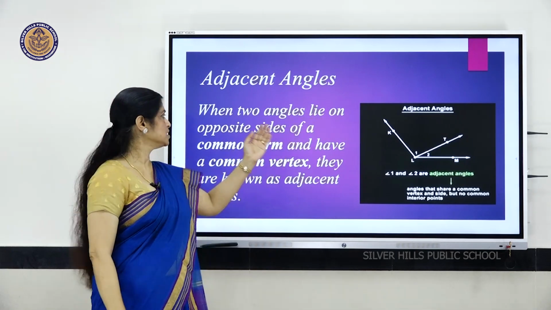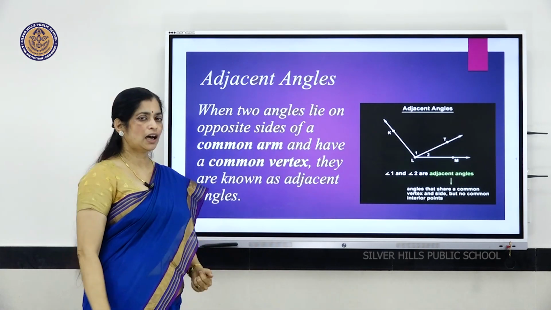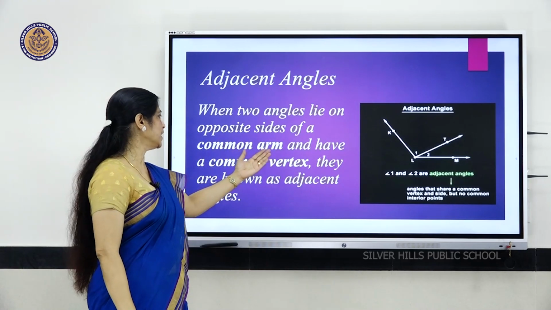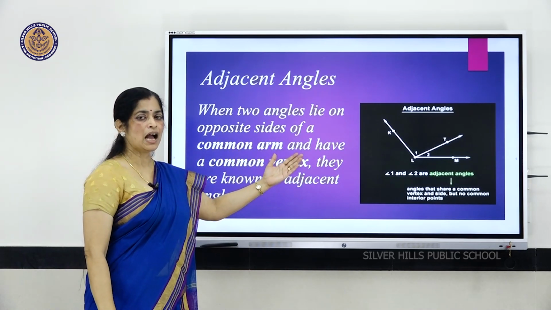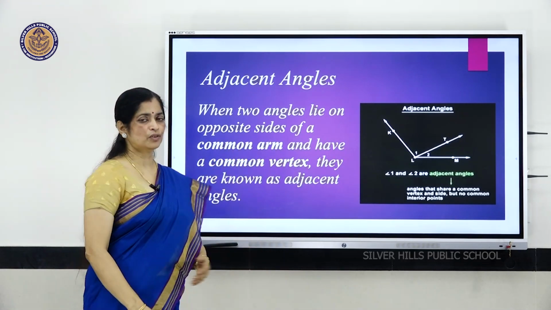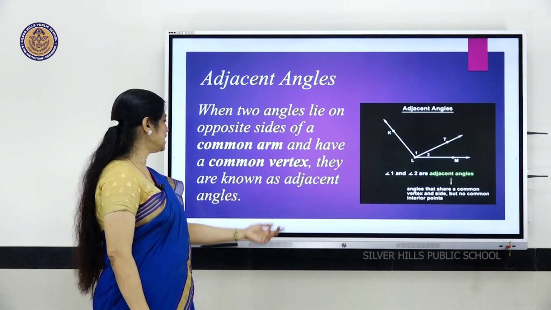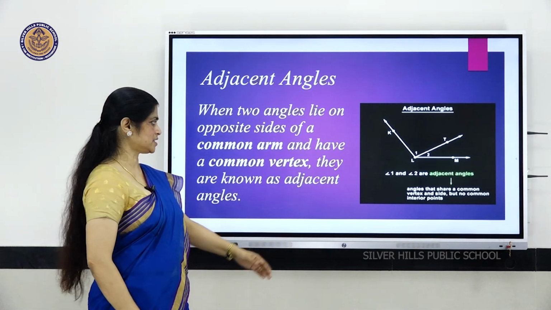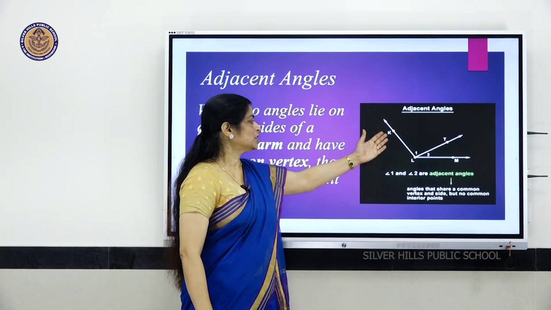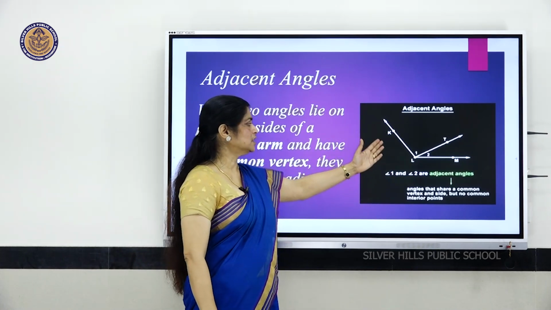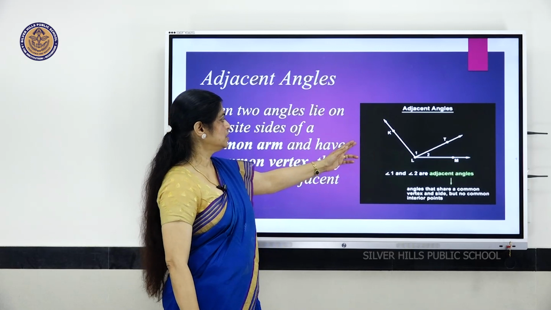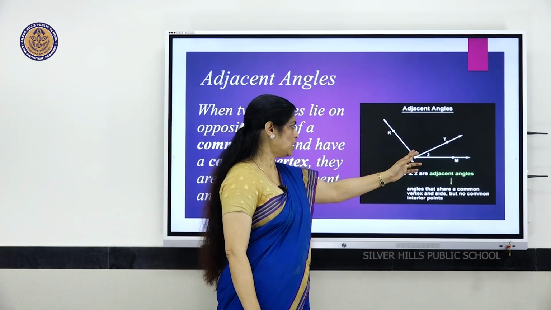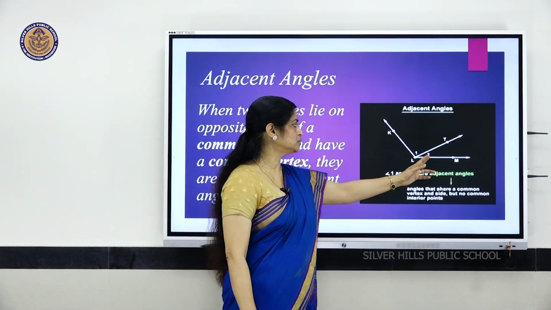Adjacent angles. When two angles lie on the opposite side of a common arm and have a common vertex, they are known as adjacent angles. That is, look at the figure. This figure has got two angles, angle 1 and angle 2.